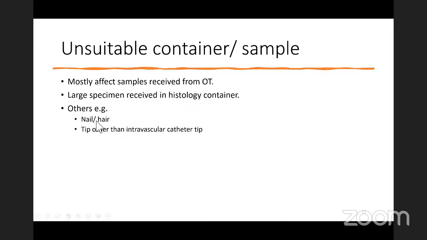Other samples such as nail, hair, or a dry inanimate object are also not adequate for culture, because bacteria require a moist environment to grow. On top of that, regarding tips, the lab only receives an intravascular catheter tip, not other tips such as CBD tip or PTBD tip and so on.